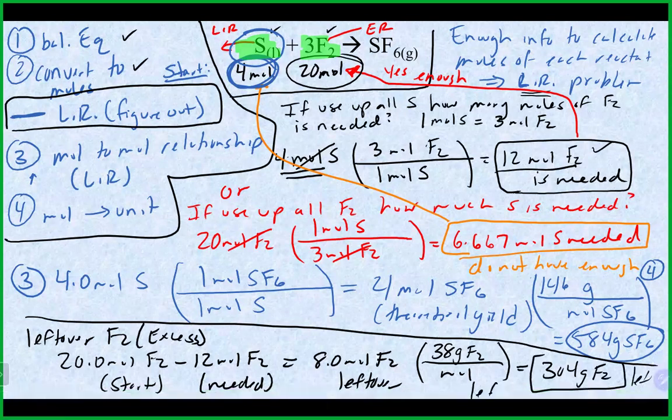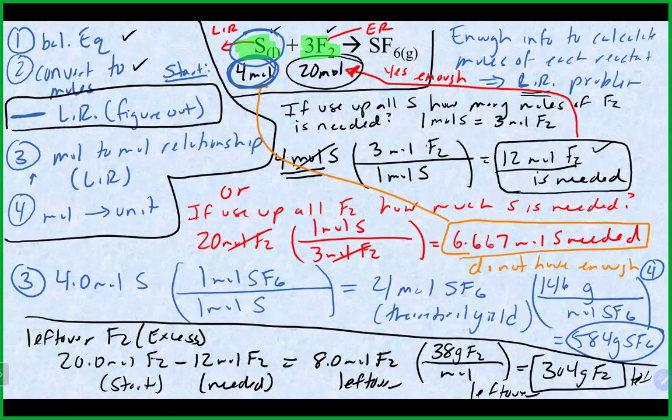So, like I said, that's a very common question that is sometimes asked. In addition to how much product you would make, sometimes you are asked how much of that excess reagent would be left over. First off, any questions on that there?